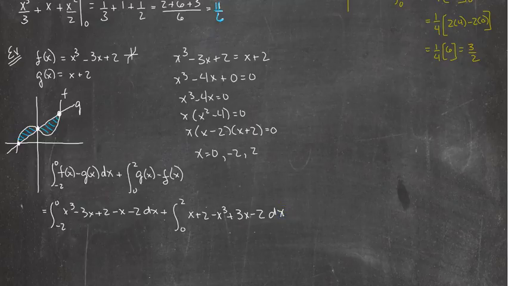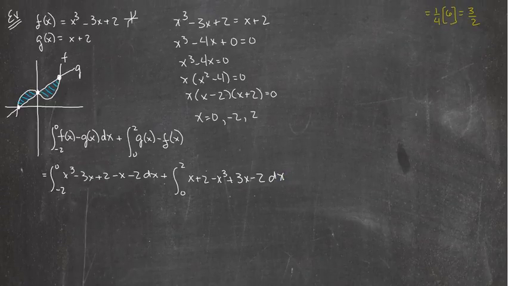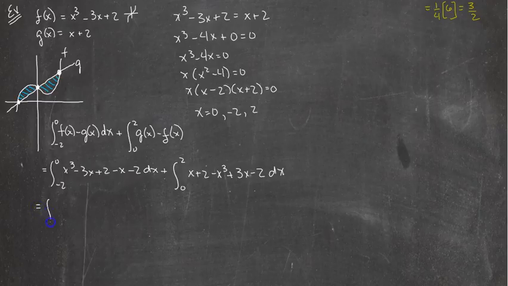But all of this just simplifies to x cubed minus 4x dx plus 4x minus x cubed dx.